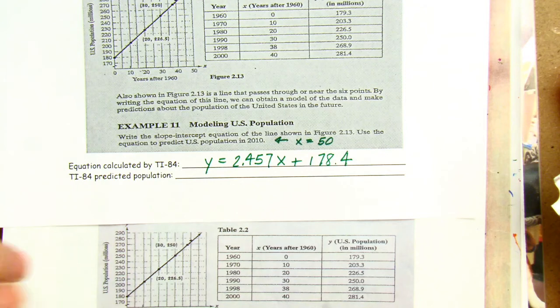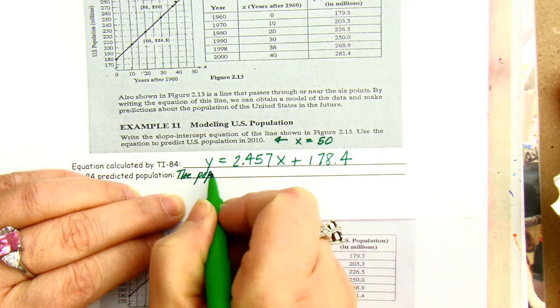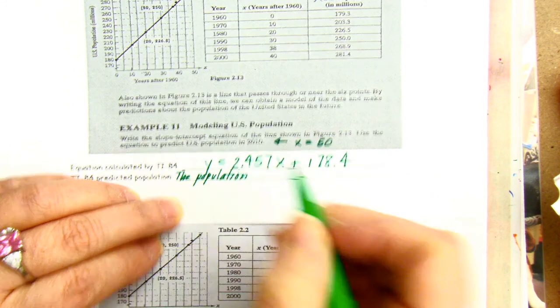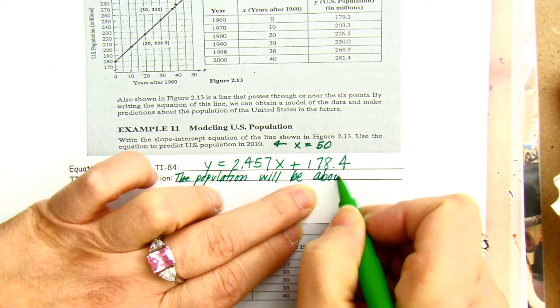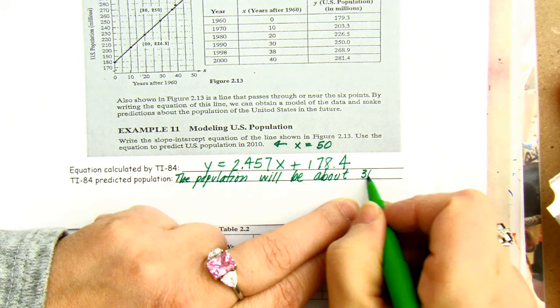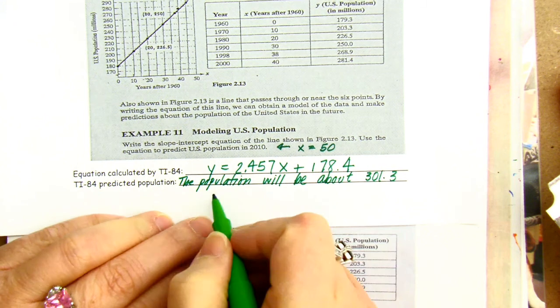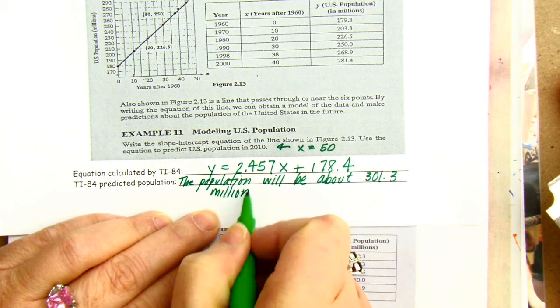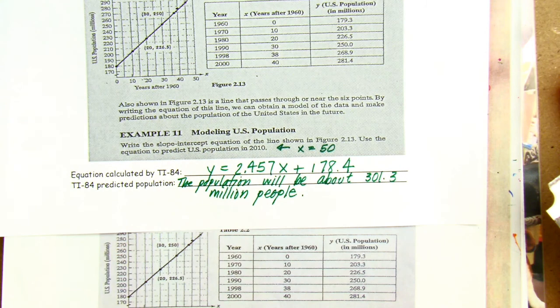So TI-84 predicted population: the population will be about 301.3 million people, according to the TI-84 and the line of best fit.